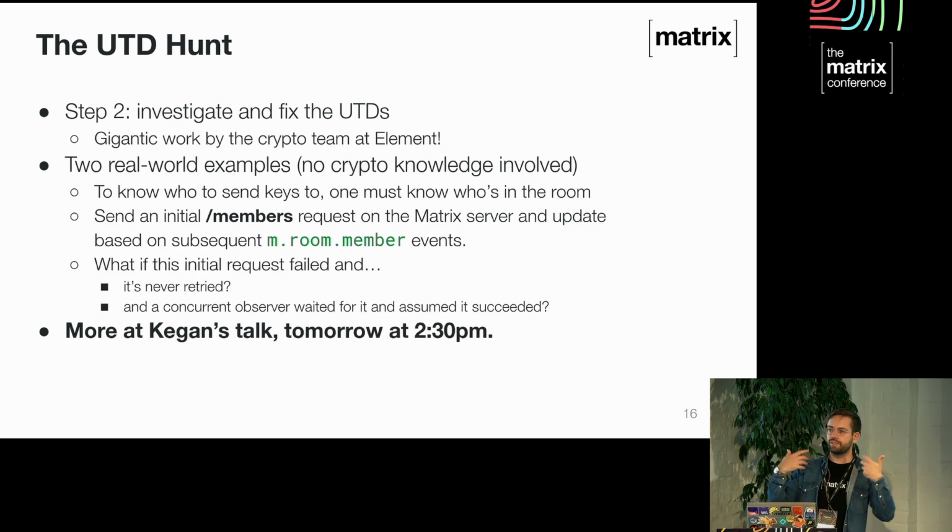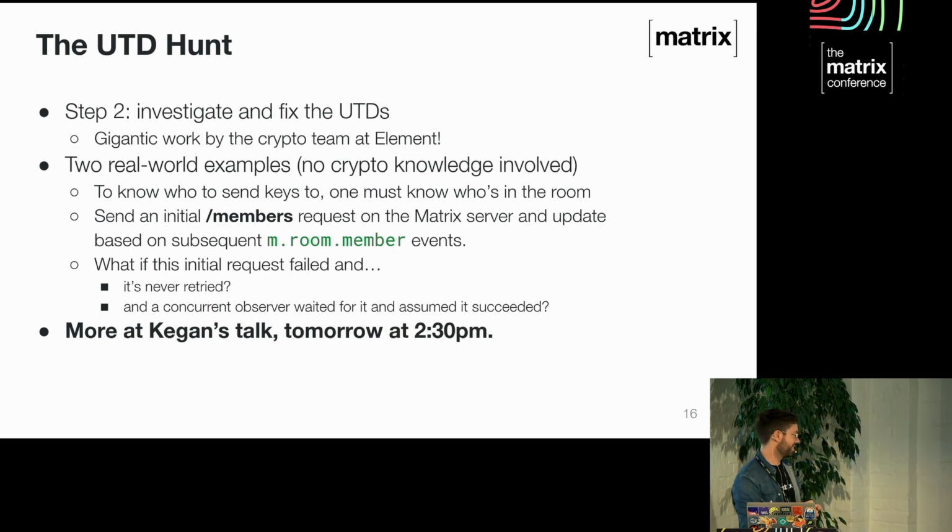Because you need to send the keys to decrypt your messages with Megolm, you need to know who is in the room, right? So this list of room members needs to be accurate at any point in time. If it's not accurate, maybe you're not sending the keys to decrypt your message to somebody, and they will run into UTDs for your message.